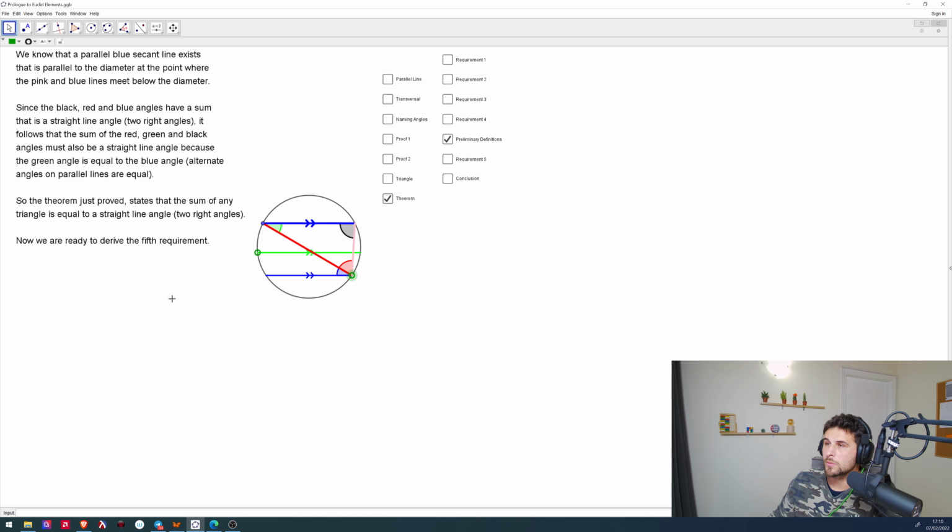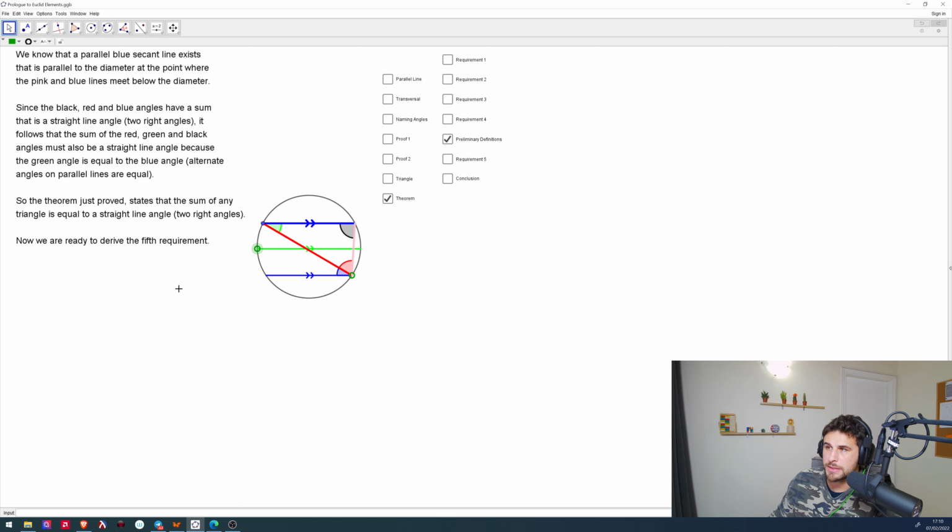So we know that a parallel blue secant line exists that is parallel to the diameter at the point where the pink and blue lines meet below the diameter. So the green line is the diameter, and there is a parallel blue secant line where these two lines meet, parallel to this secant line here.